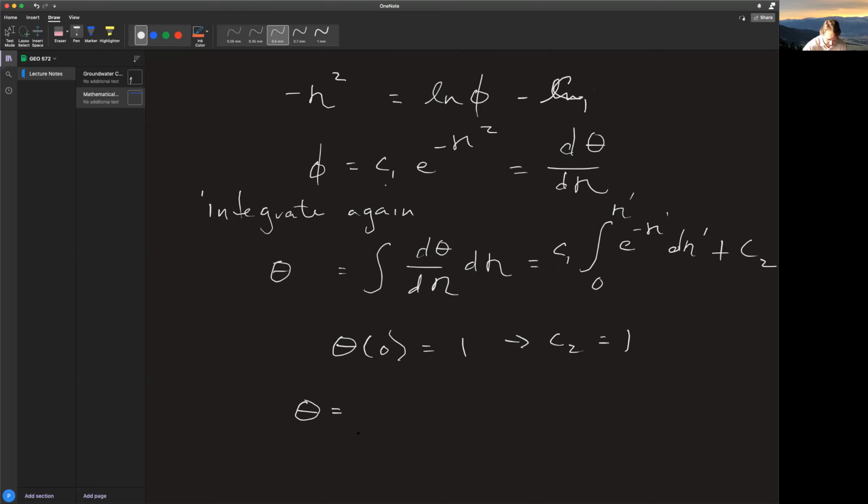Okay, so we're going to use now our other boundary condition. We know that theta of infinity is equal to 0.